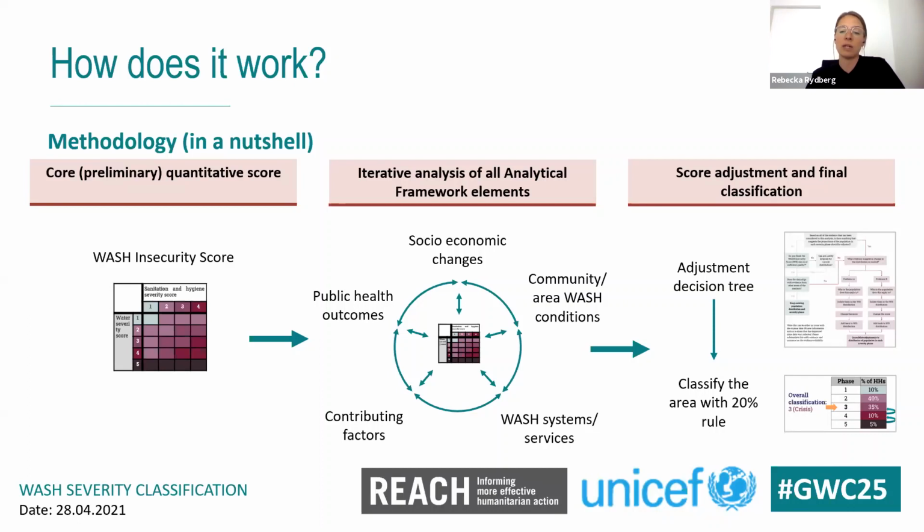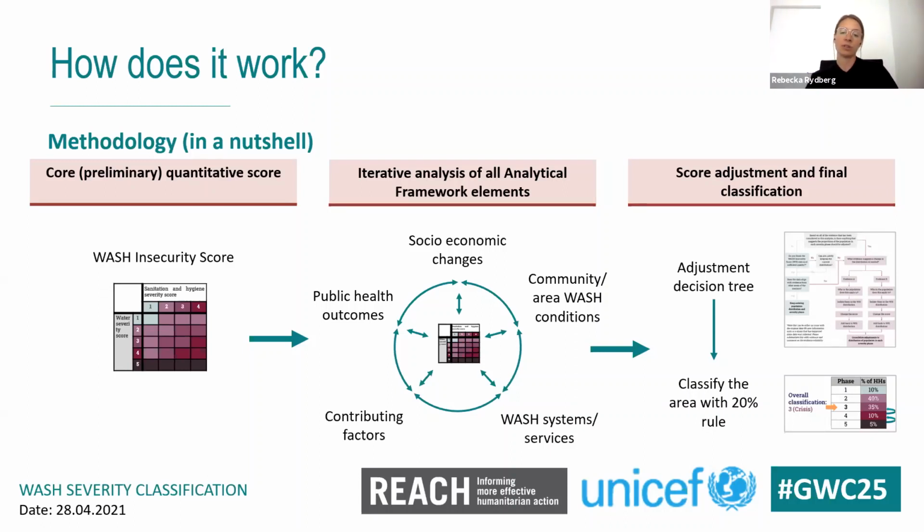And we'll also include information on WASH systems and services, as well as households' access to WASH services, and the quality and reliability of those services. And finally, we're incorporating any other factor that can contribute to the WASH situation, for example, climate and environment, disabilities, conflict, or natural hazards, and so on.